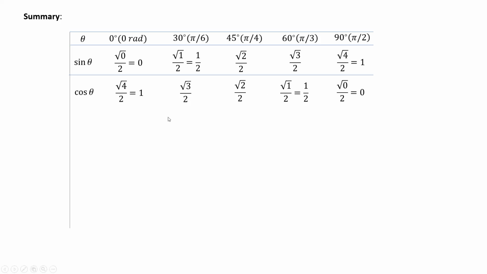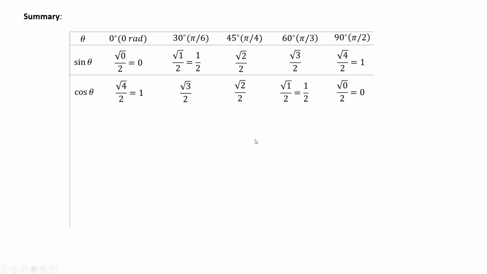So are you saying that cosine of 0 is the same as sine of 90? Yeah. And cosine of 30 is the same as sine of 60? Yeah. Cosine of 45 is the same as sine of 45? Yeah, see that pattern. Cosine of 60 is sine of 30. Cosine of 90 is the same as sine of 0.